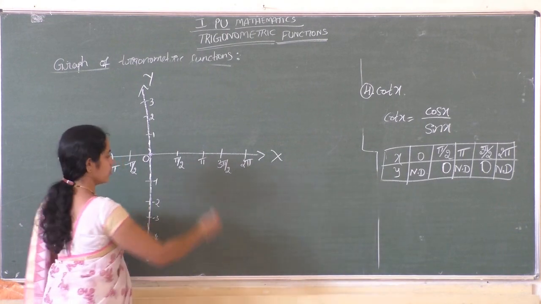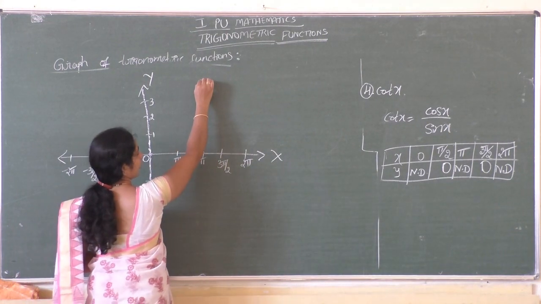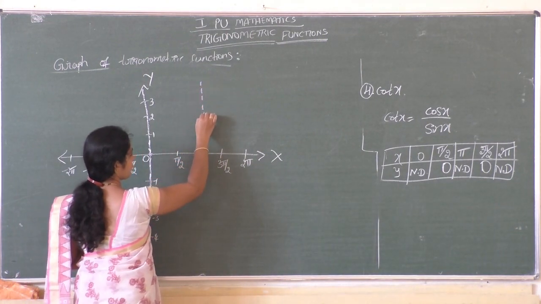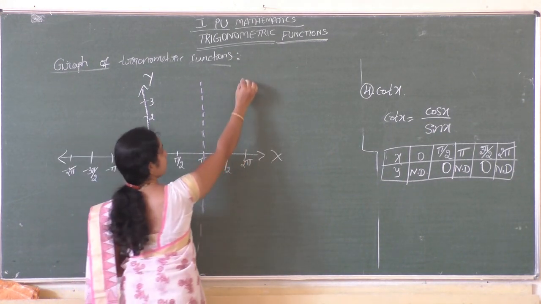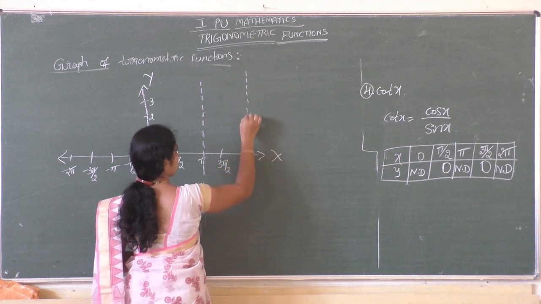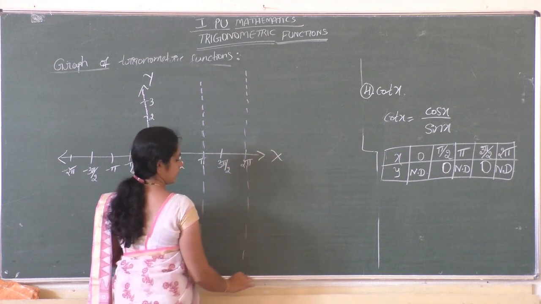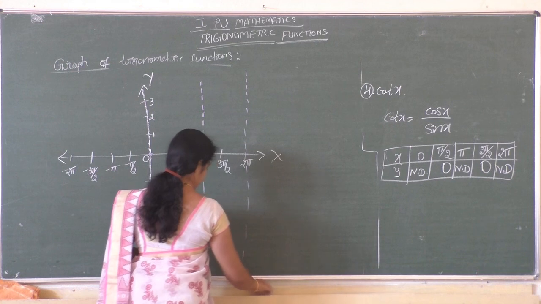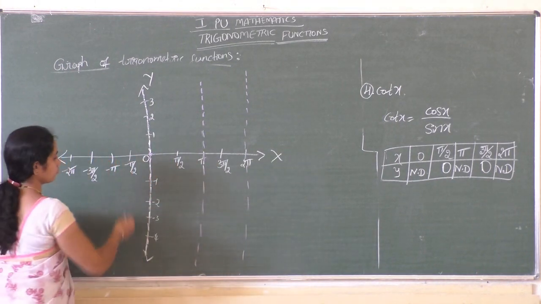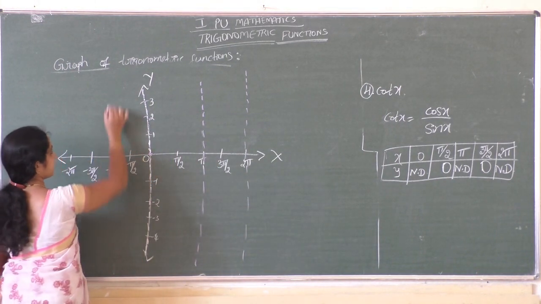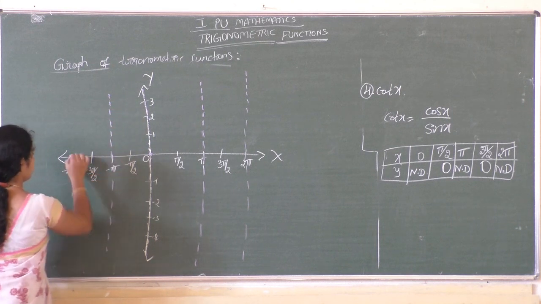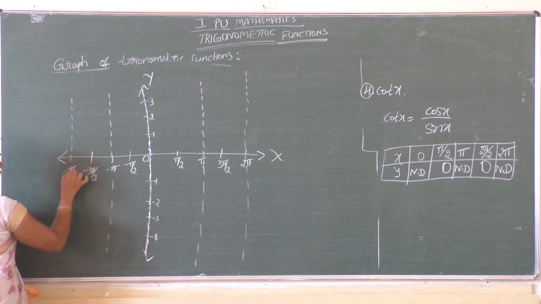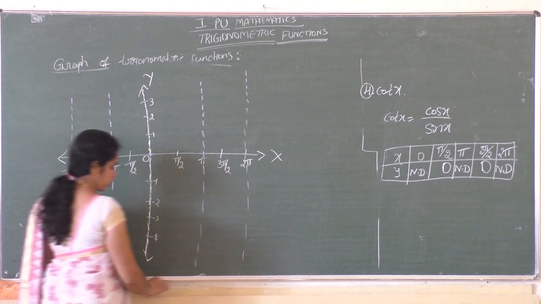Pi, correct? For cot pi, the function is not defined. Then 2 pi, it is not defined. Pi by 2 it is defined. For pi not defined. Then 2 pi, and minus 2 pi.